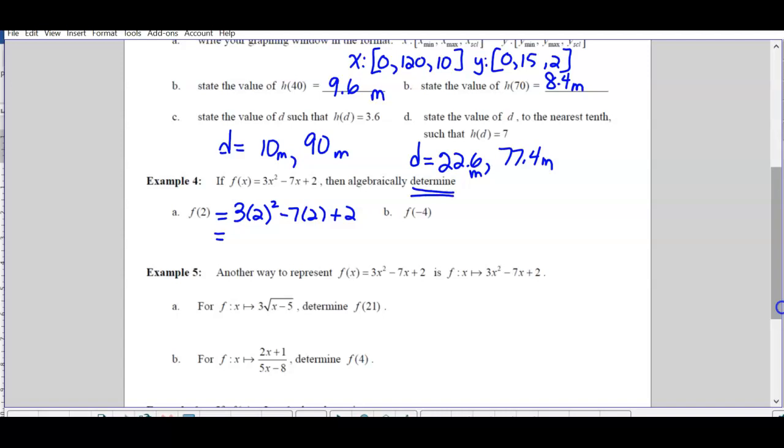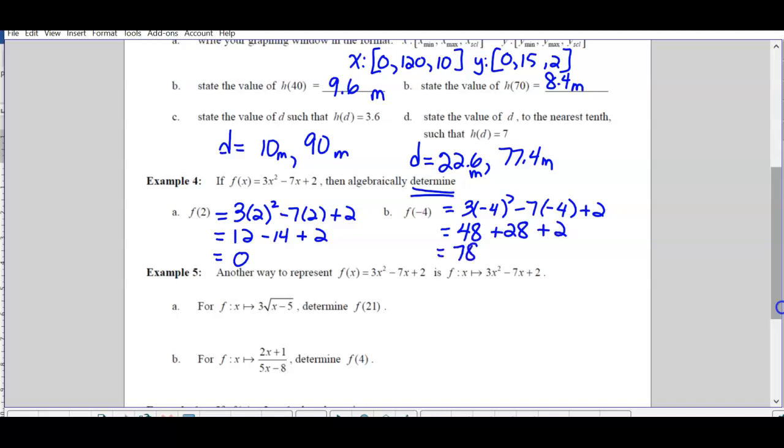So I'm going to show it in steps here. 4 times 3 is 12, minus 14 plus 2 is 0. Okay, here 3 times negative 4 squared minus 7 times negative 4 plus 2. That's going to be negative 4 squared is 16 times 3 is 48, plus 28 plus 2 is, that's going to be 78. Okay.